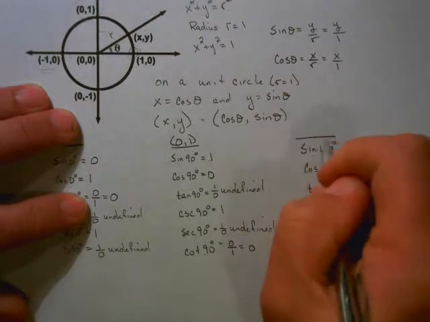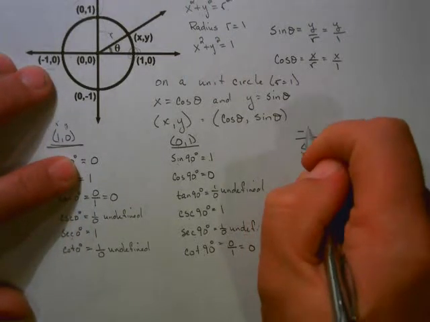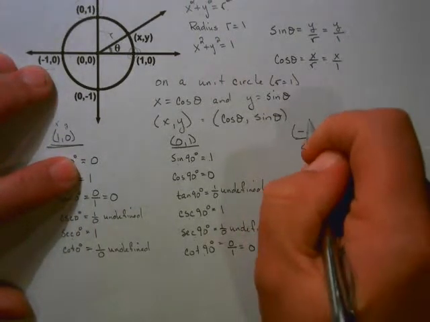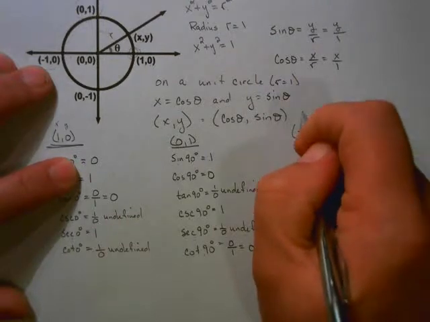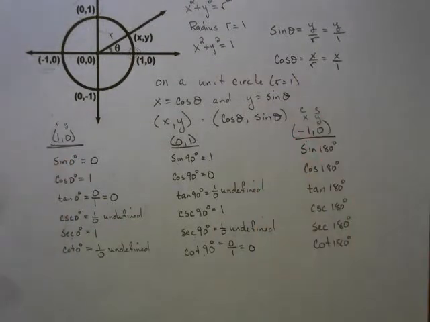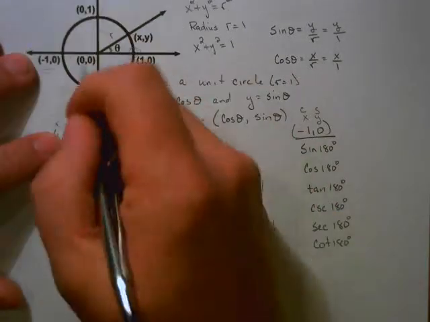Again, the point at 180 degrees is going to be that negative 1 comma 0. So this is x, y, or you can think of it as cosine, sine. Think of it as alphabetical on that unit circle.